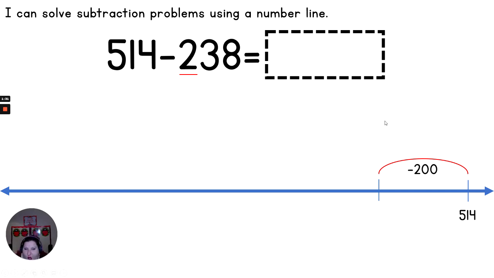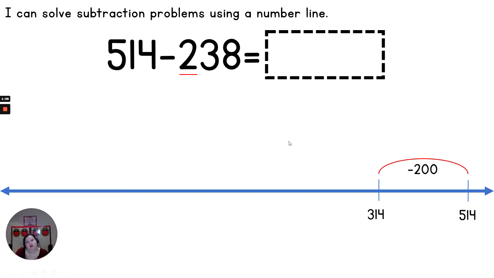If we know 5 take away 2, then we know 500 take away 200. 5 take away 2, well, that's 3. So that must mean that 500 take away 200 is 300. Now, don't forget, we have that 10 and 4, 14. So it's going to be 314.